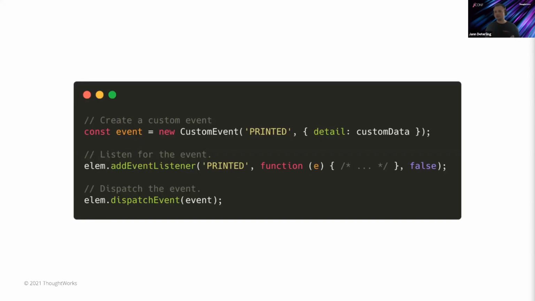Custom events are super simple to create. In the first line, you can see how you create a custom event. You just call the initializer with an event name and some optional data if you want to. In the second line, we can see how we add an event listener to any DOM element. You need to provide the event that you want to listen to, which in this case is printed.